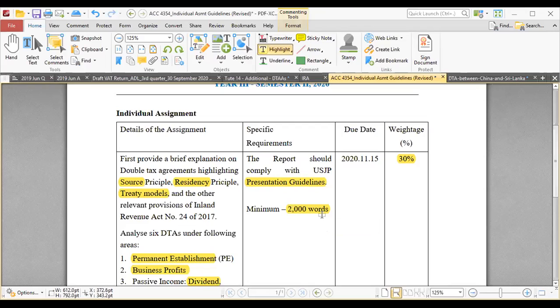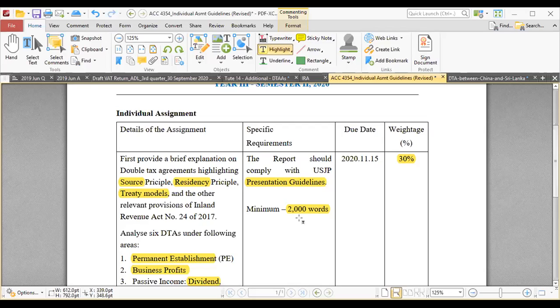But you are not expected to go beyond 6000 or 7000 words, because it makes it hard to mark and analyze. The minimum is 2000. You can go to a maximum of 4000 or 5000. Don't go beyond that, or it becomes a kind of book rather than a report.